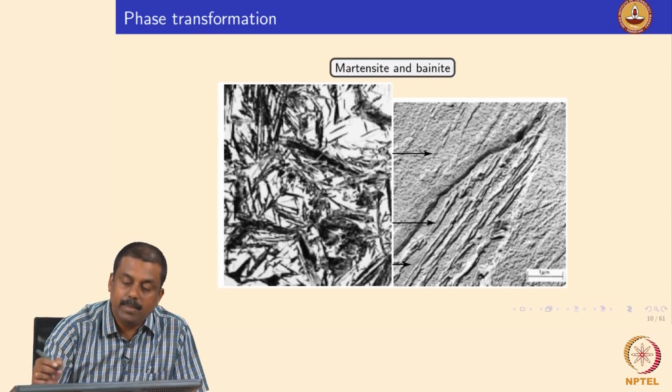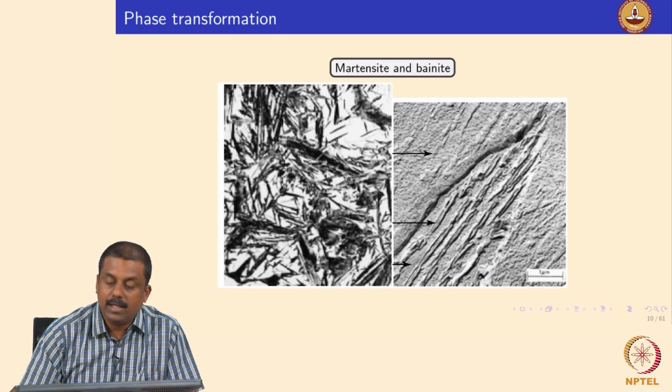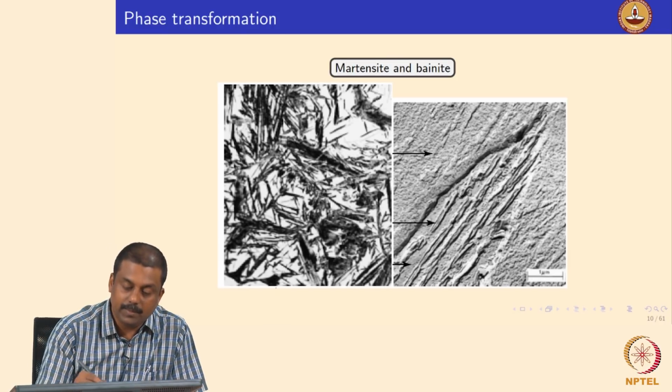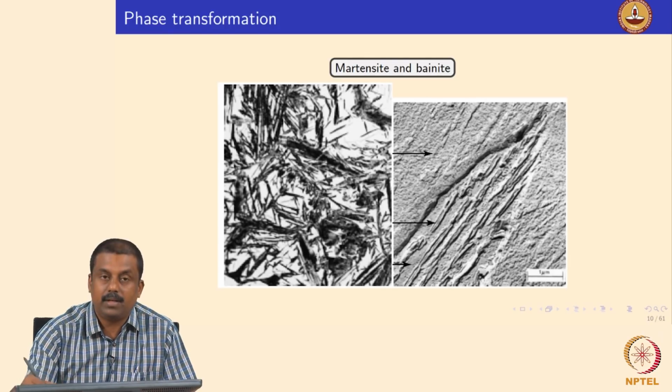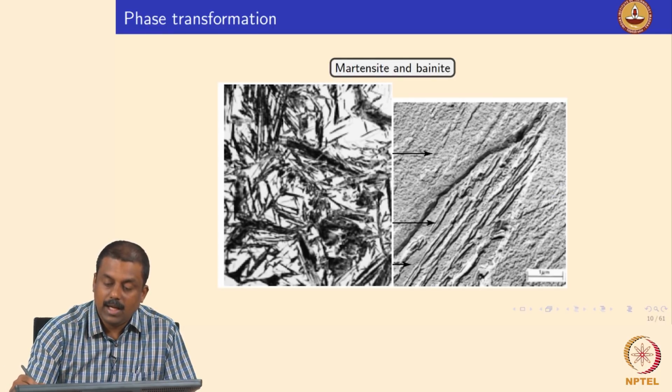For example, martensite and bainite, and this figure shows the other phases that may also form while cooling the austenite continuously to room temperature. So this is a typical microstructure of martensite, and this is a microstructure of bainite, what you see over here on the right hand side, right.